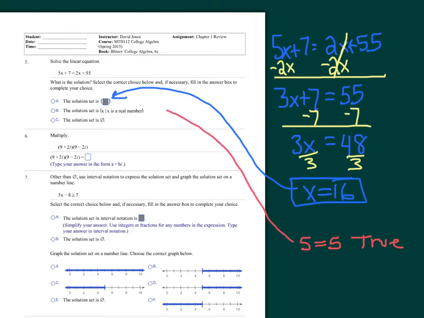So as long as x is a real number, and you get 5 equals 5, that would go there. If the x's disappear and you end up with something like 5 equals 4, that is a false statement, and that would go here, indicating that there's no solution. There's nothing that we can plug in for x that would make this work.